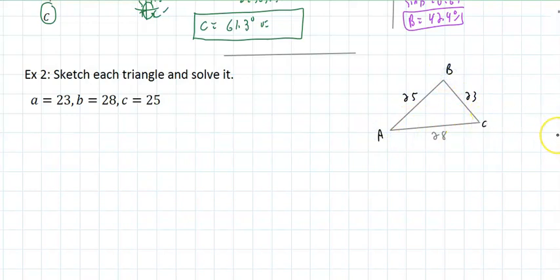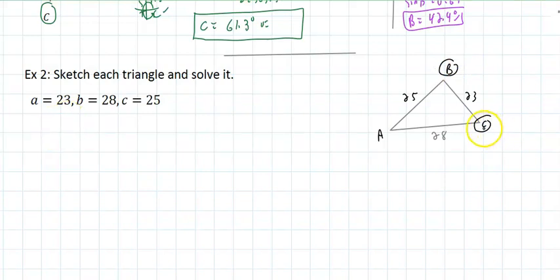And again, the same problem. I could force you to use the law of cosine because here you have no choice. And if I'm going to use the law of cosine, let's say I'm going to find angle C. Of course, you could find angle B because the law of cosine doesn't have the two cases.